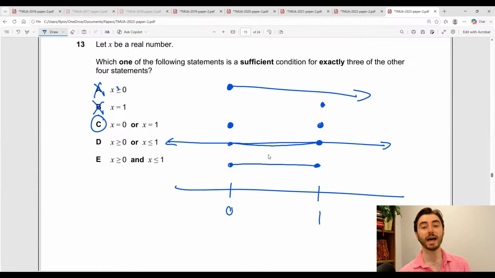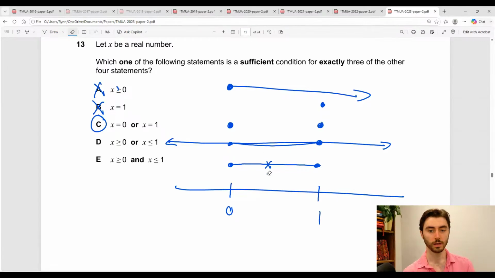So here, for instance, if I had E as my solution, it could satisfy the other two, but it also could not. Whereas here, if I had C, it must satisfy three of the others. Not explaining it super well. That one's just tricky. Apologies. The method wasn't as robust on that one.